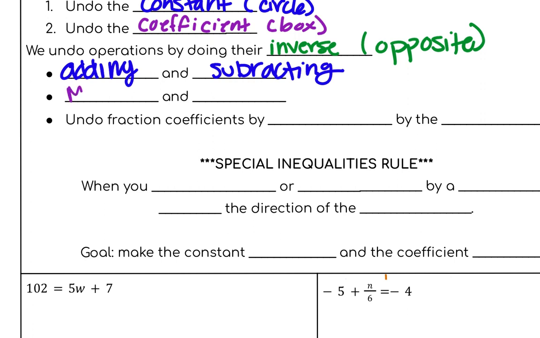Multiplying and dividing are inverses with each other. If you want to put plus minus times divide.